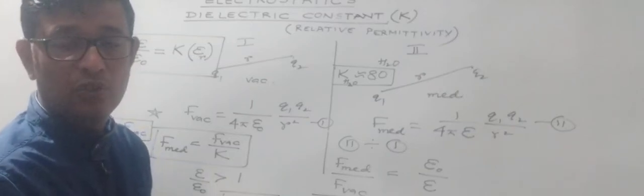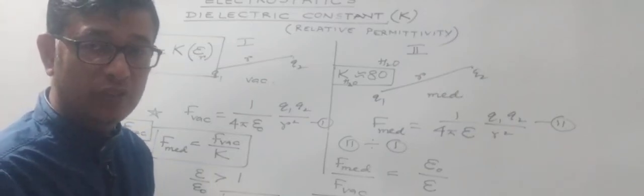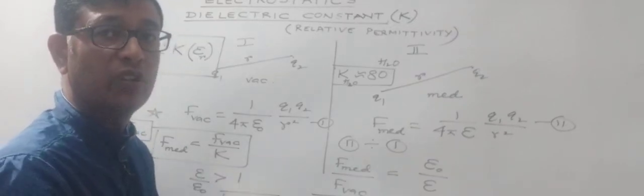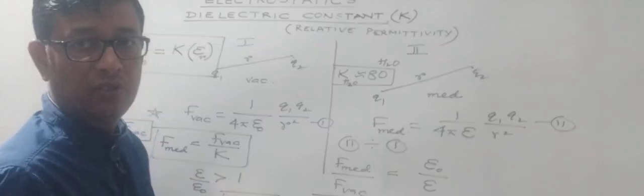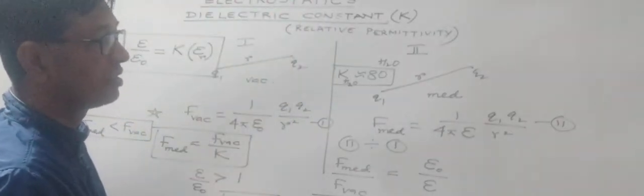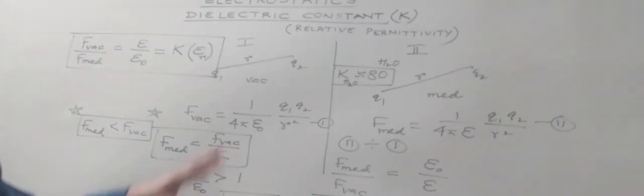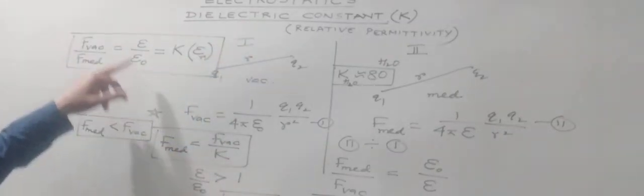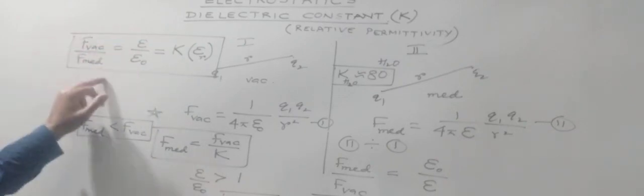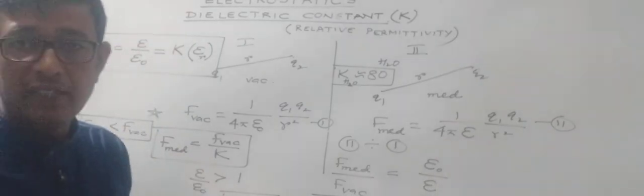Understood now? In vacuum, the magnitude of the electric force is maximum, while in any other medium, it will get reduced. So that's the concept of dielectric constant. The dielectric constant is defined as either the ratio of epsilon to epsilon naught or the ratio of F vacuum to F medium. And it's a dimensionless quantity.